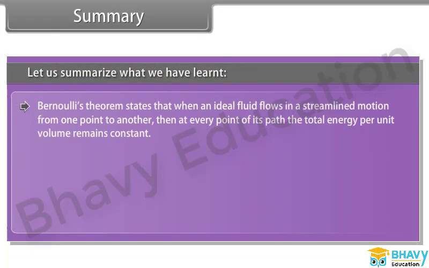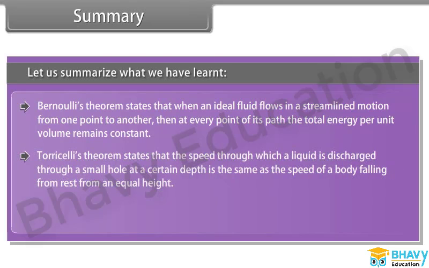Bernoulli's theorem states that when an ideal fluid flows in a streamlined motion from one point to another, then at every point of its path, the total energy per unit volume remains constant. Torricelli's theorem states that the speed with which a liquid is discharged through a small hole at a certain depth is the same as the speed of a body falling from rest from an equal height.